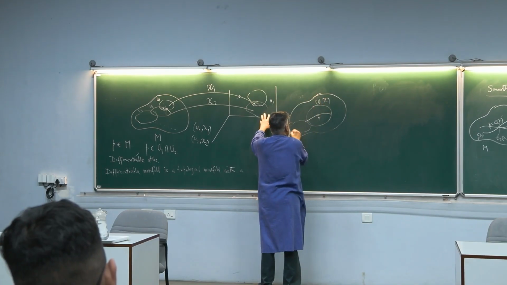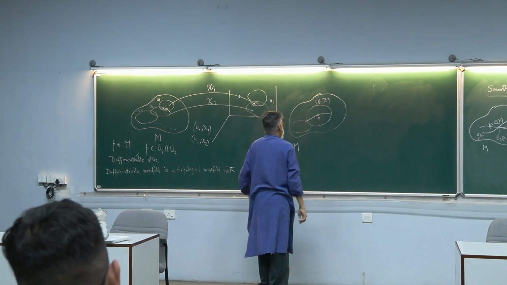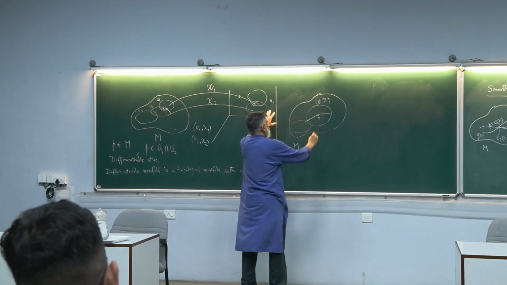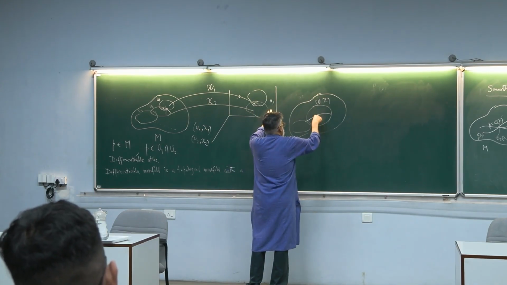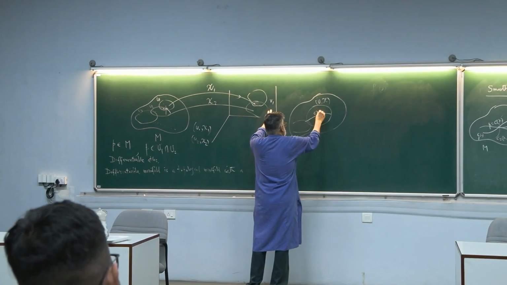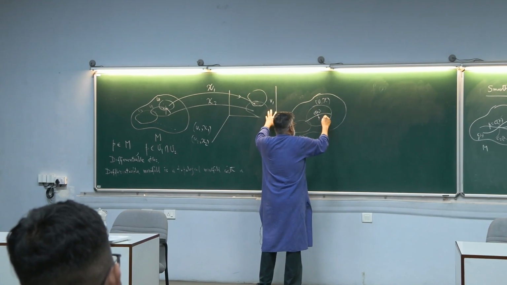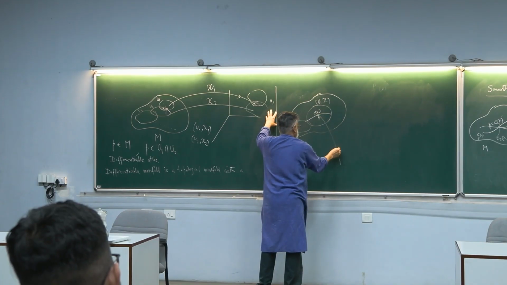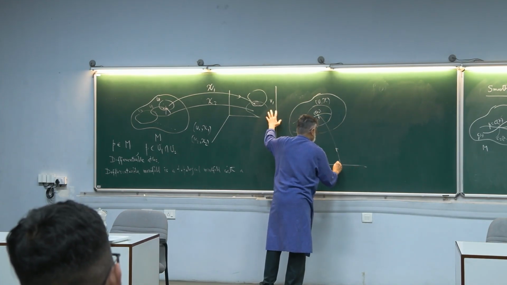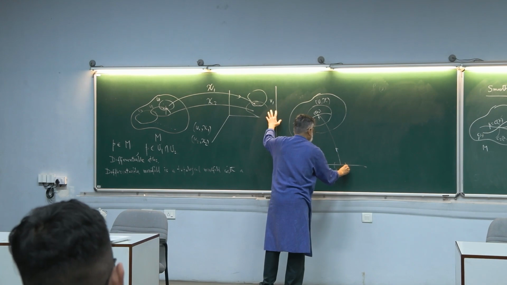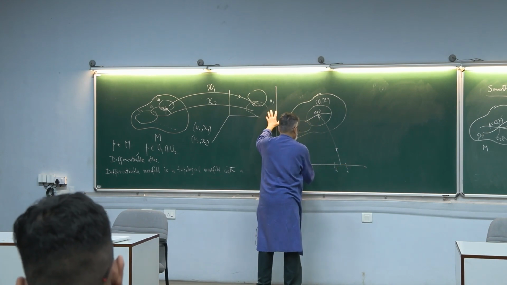There can be other charts also, but it is okay. And this is my point P, which is C of lambda 0, and this curve has been obtained by a mapping from the interval A and B on the real number line.